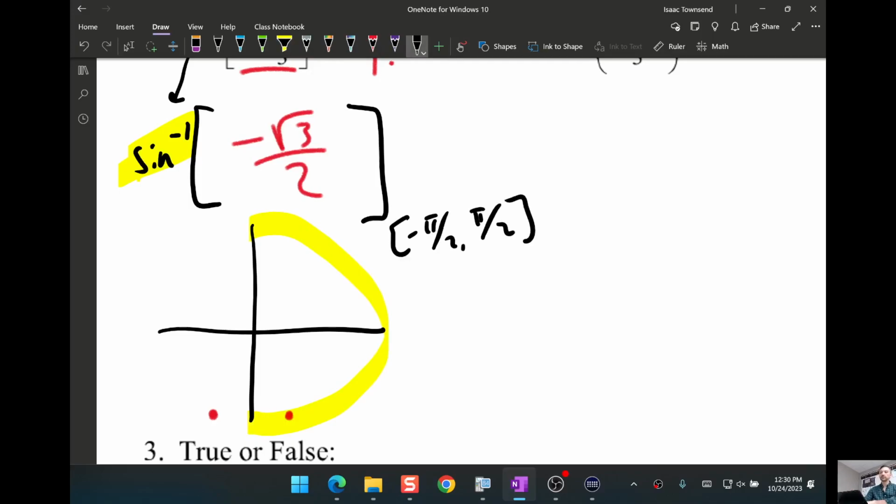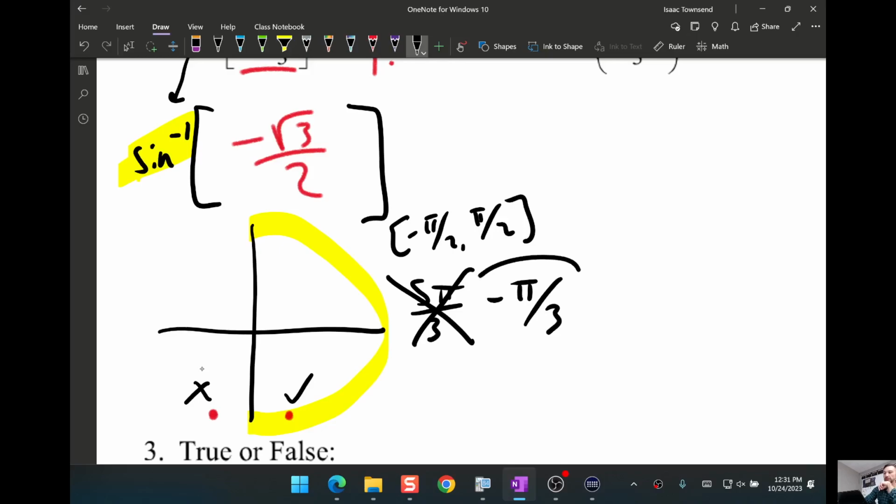Drawing it in every single question helps you memorize it, and we will ask you what they are, just like on today's quiz. But also the visual helps you see where your answer comes from and where your answer doesn't come from. And as much as you want to call this angle 5 pi over 3, 5 pi over 3 cannot be your final answer, because your final answer has to be between these two values. So instead of calling it 5 pi over 3, you need to call it negative pi over 3.